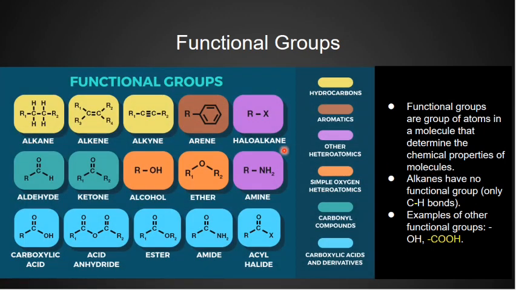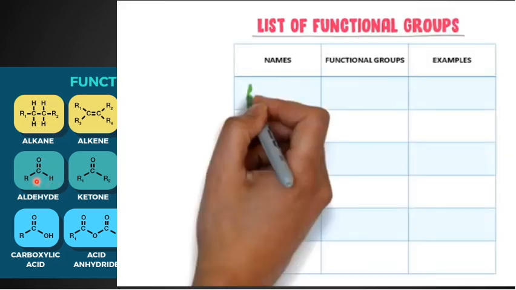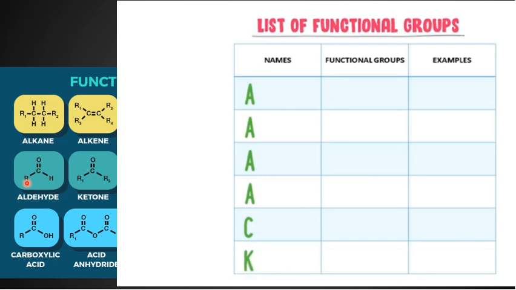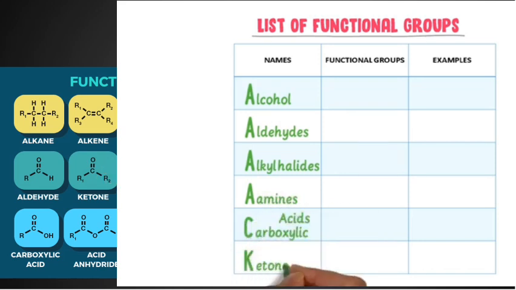It's very important for you to be able to know these functional groups. Looking at this, this is aldehyde, and this aldehyde is COH. Remember what I said R represents? It represents the alkyl group. This is ketone. Ketone is CO. Then we have the alcohol, which we represent with the OH.